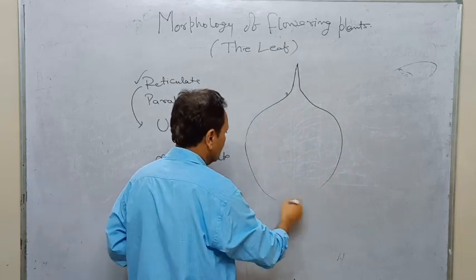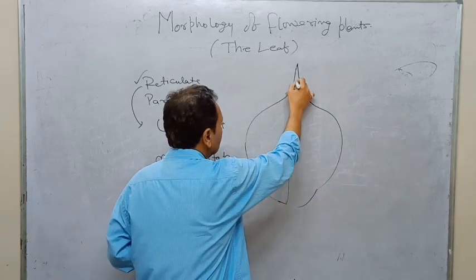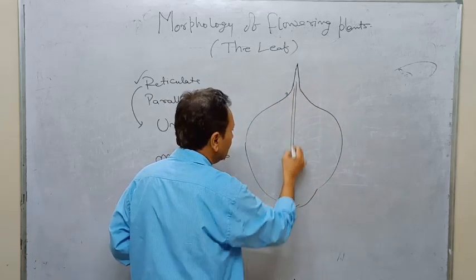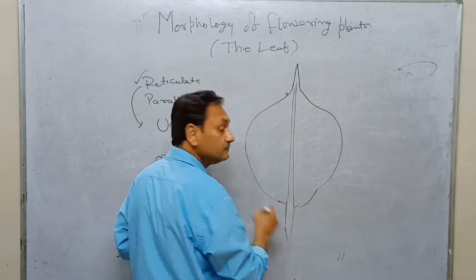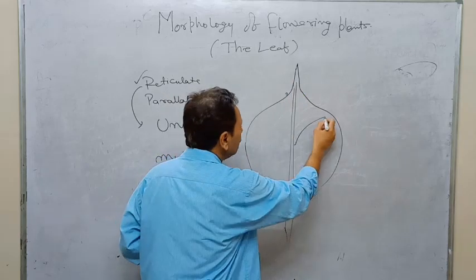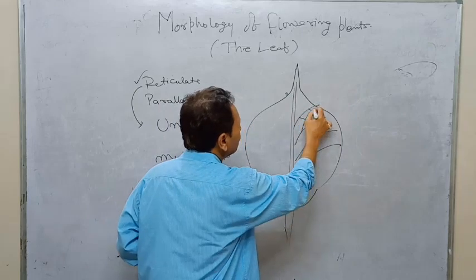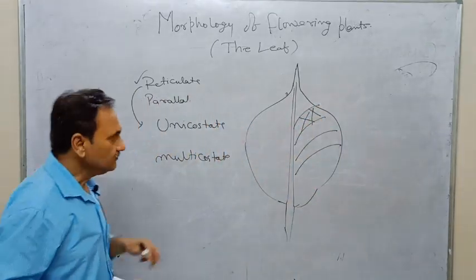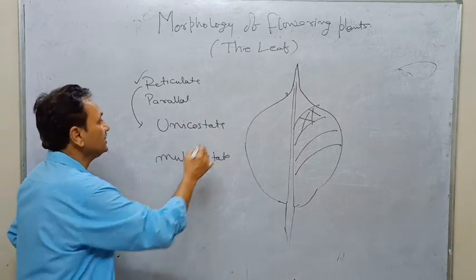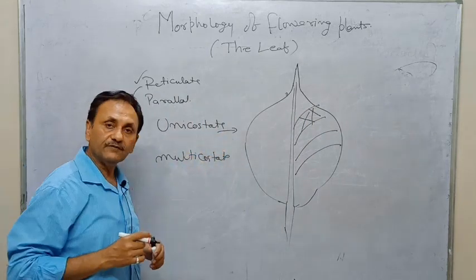Suppose this is the leaf of the peepal, and it has one midrib, and so many veins originate and form a network. Then it is called the unicostate type of reticulate venation.